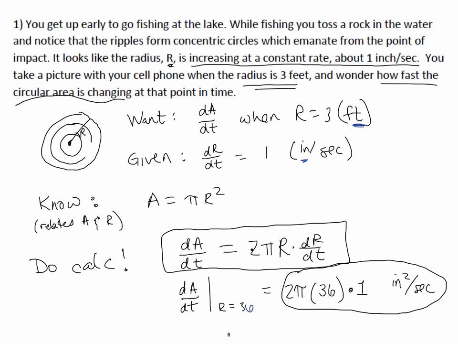The rate of change of the area is a changing rate of change, because it's dependent on something that changes, namely the radius. Even though the rate of change of the radius with respect to time is constant, the radius itself is not, so you have to be specific when you're talking about these things. This numerical value is the rate of change of area with respect to time when the radius is 36 inches or 3 feet, okay? So all of that matters.